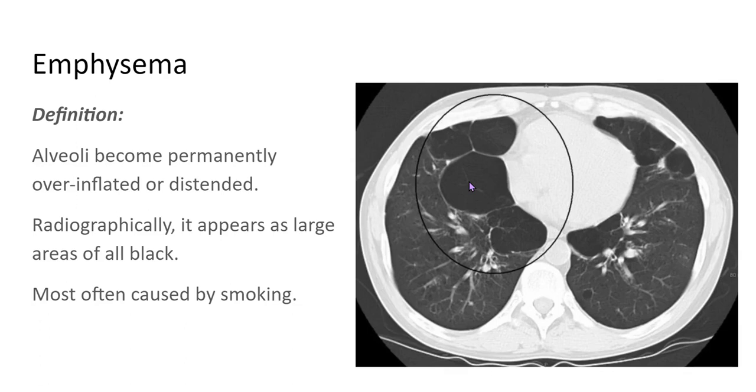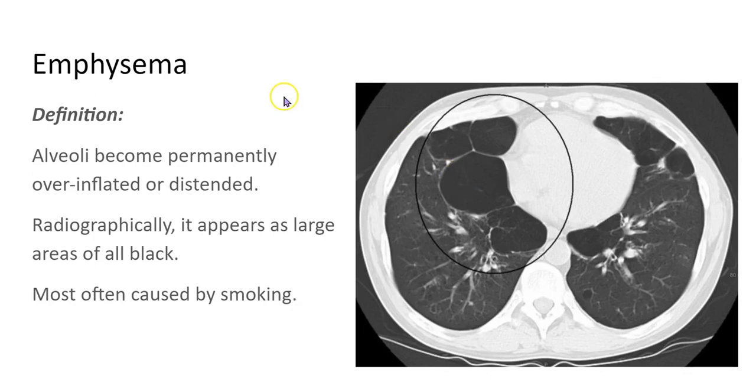So, to recap, patients with emphysema have permanently distended alveoli. That can appear on chest radiographs and CTs as large pockets of radiolucency because there's no parenchyma, there's no lung markings, and we have to reduce our technique in order to avoid over-penetrating the lungs.